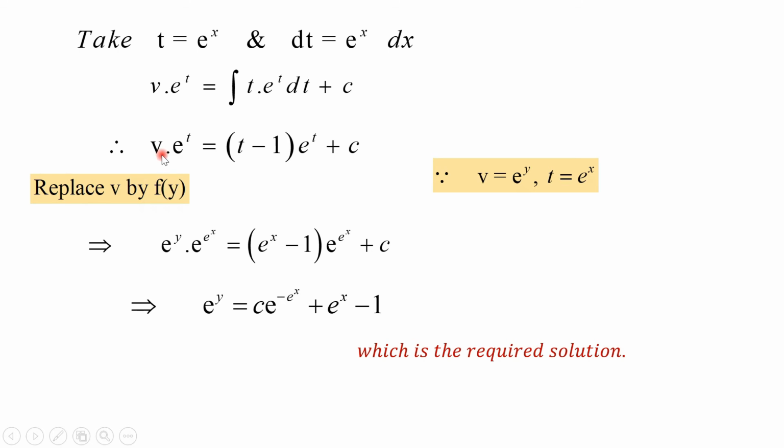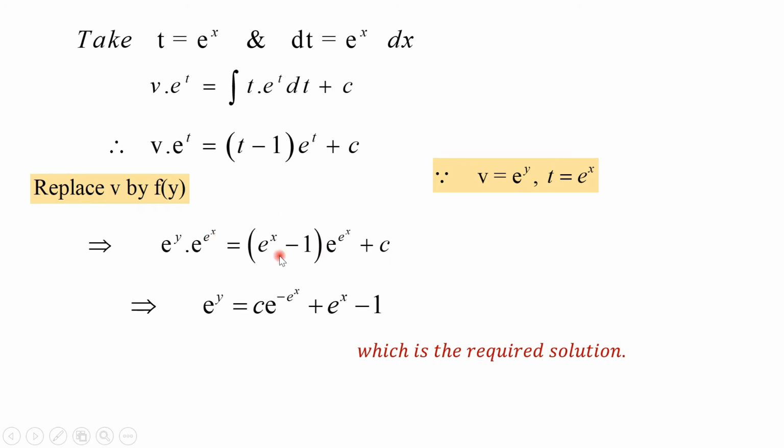Now replace this v by a function of y, as v is equal to e raised to power y and t is equal to e raised to power x. After replacing, we get the value of v as e raised to power y, and the value of t is e raised to power x.